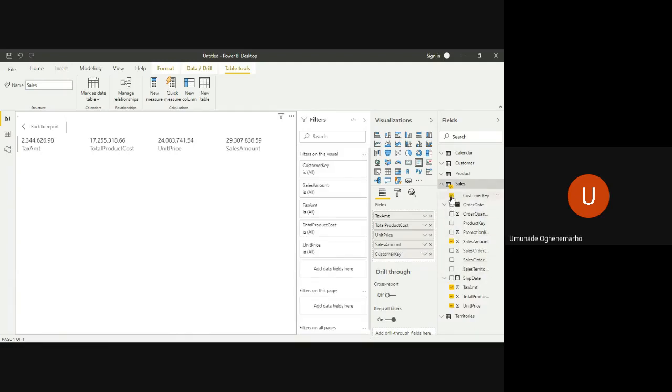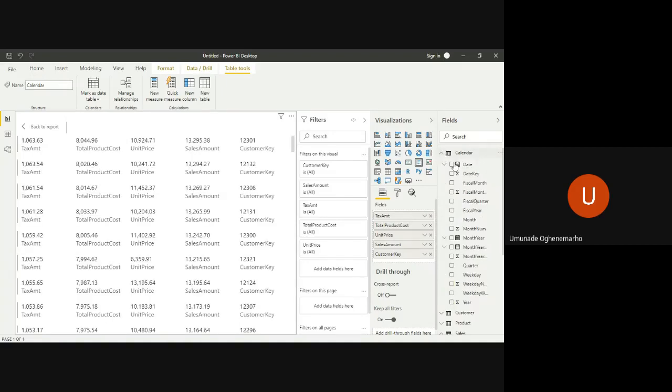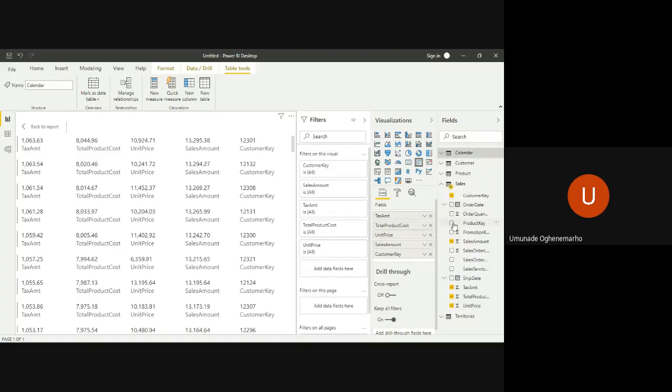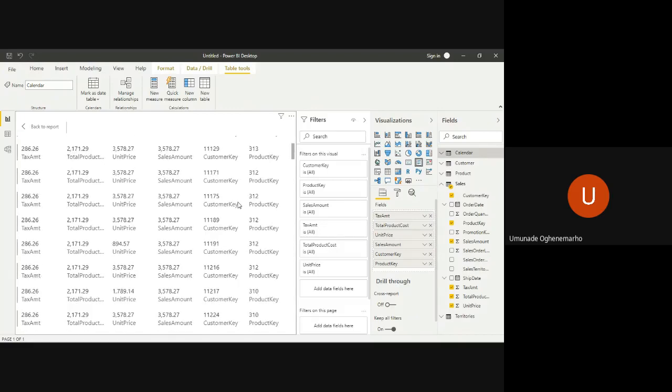So let's say what happens when I have more than one category. Let's say I pick both product key and customer key. The categorization has changed. If you take a good look at it, the categorization has changed.